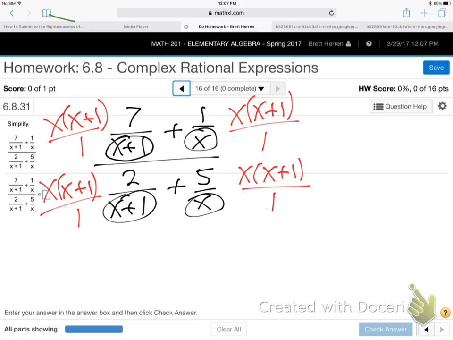So it's x times x plus 1 for everything. Over 1 for everybody. So then cross cancel and multiply what's left over. 7x. So x plus 1 cancels x plus 1, 7x.